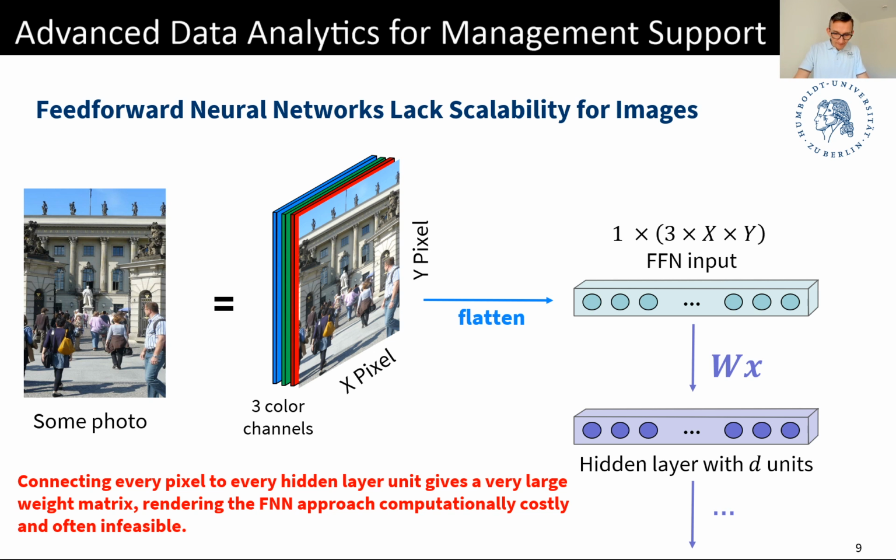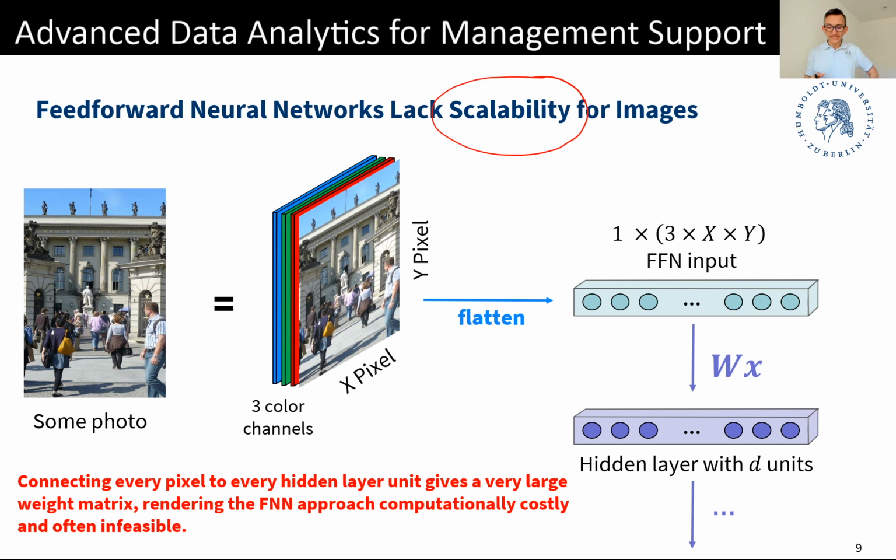What are the issues? Basically you see it here. Scalability is the big bottleneck that you face and will not be able to overcome when you use a standard feed-forward neural network for image analysis. And I'm trying to illustrate that here. Let's say we have a color image. So we have these 3 color channels, this is how they're called.